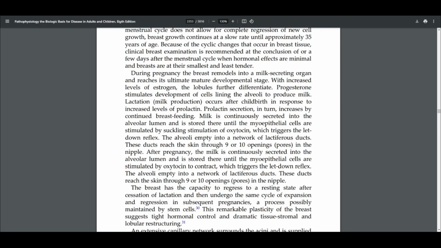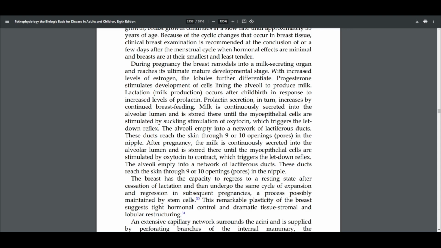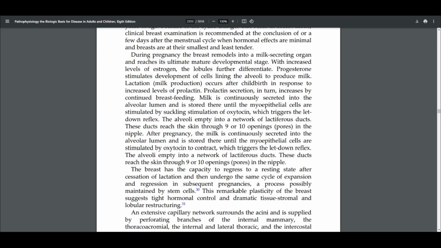During pregnancy, the breast remodels into a milk-secreting organ and reaches its ultimate mature development stage. With increased levels of estrogen, the lobules further differentiate. Progesterone stimulates development of cells lining the alveoli to produce milk. Lactation occurs after childbirth in response to increased levels of prolactin. Prolactin secretion, in turn, increases by continued breastfeeding.